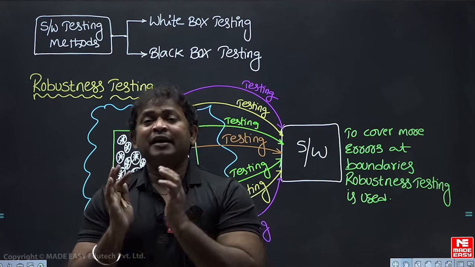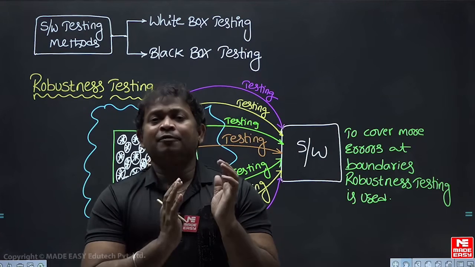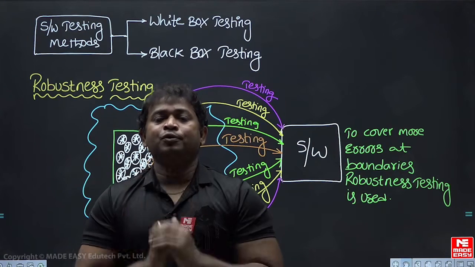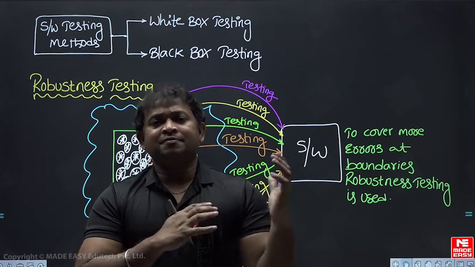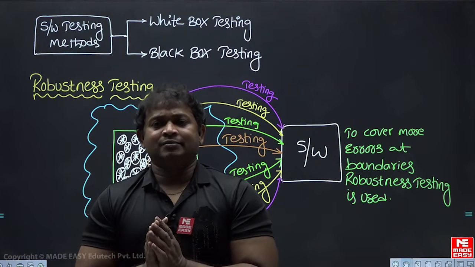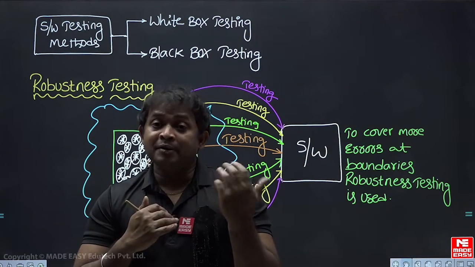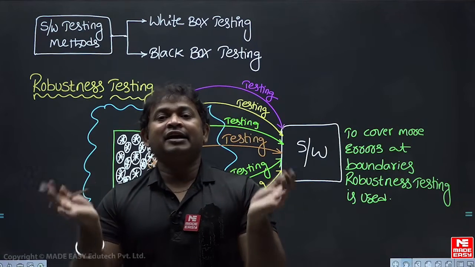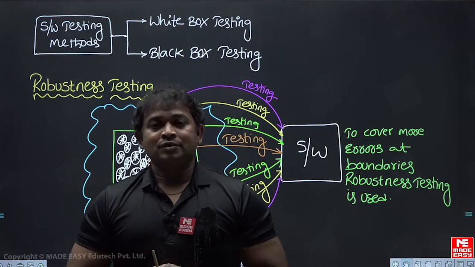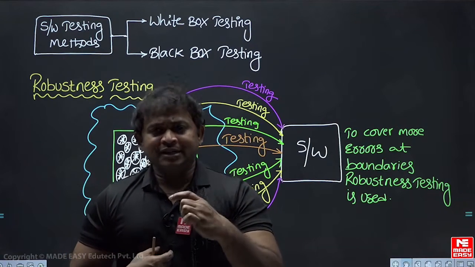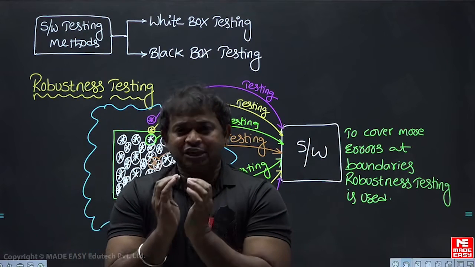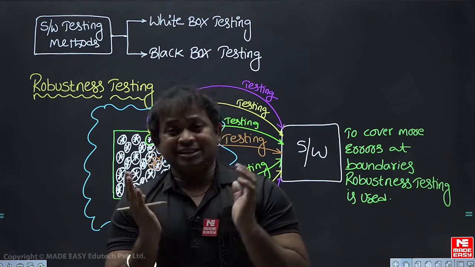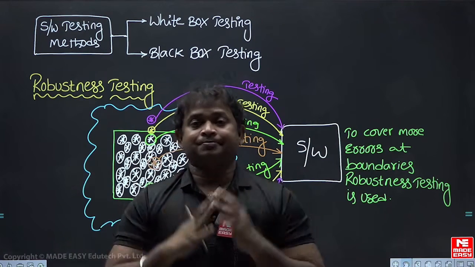That means when we develop software with some group of inputs, the software is perfect with the given input set. The software may not be perfect when we give invalid inputs. So instead of testing the software with the center of the input domain, test the software at the boundaries.